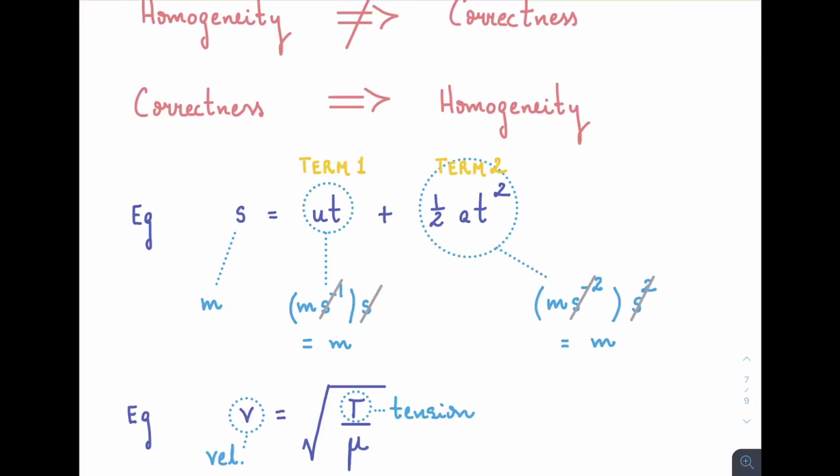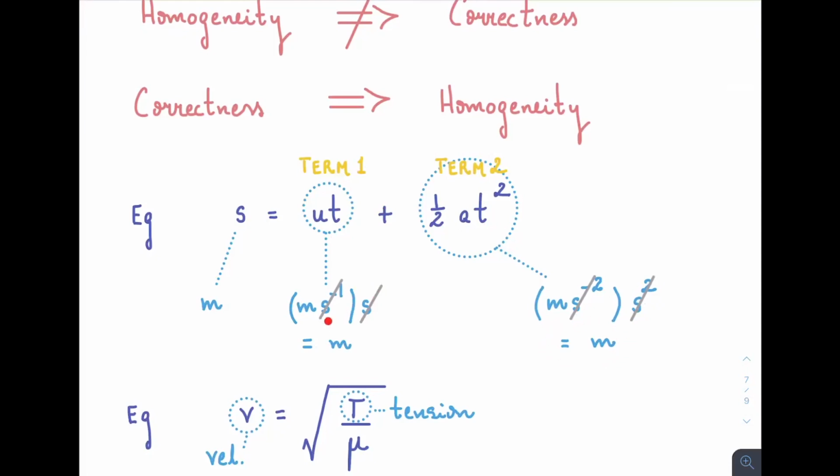Similarly, in term 2, half at squared, this is a dimensionless constant, half, so we simply ignore it. Then we have acceleration, which is meter per second squared, and time squared, which is second squared. So second to the minus 2 multiplied by second squared cancel, and again we are left with meters.